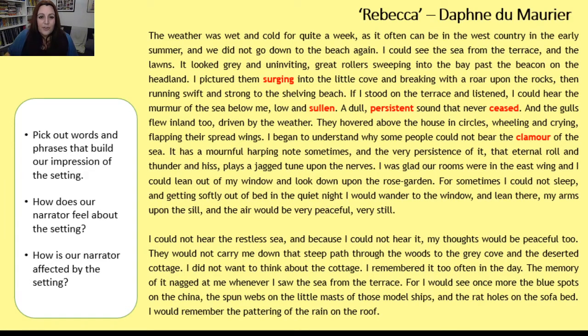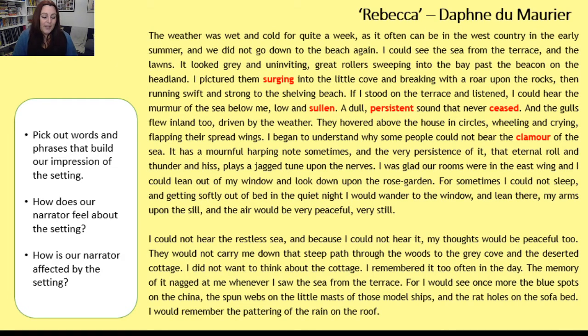So we've got this here, the word surging, coming from surge. And when something is surging, it means it is moving forward at great force. And it's powerful.